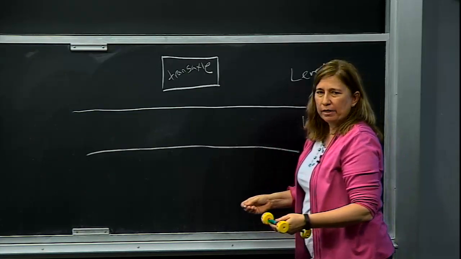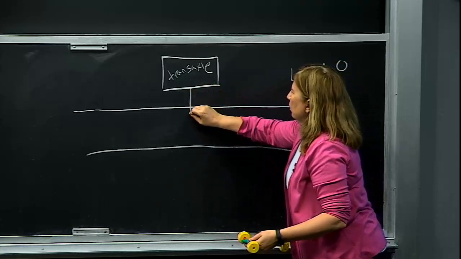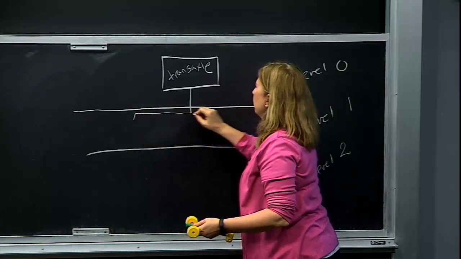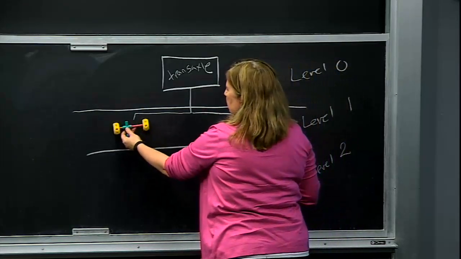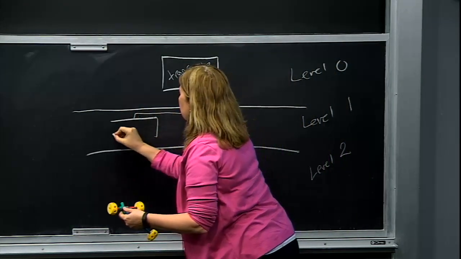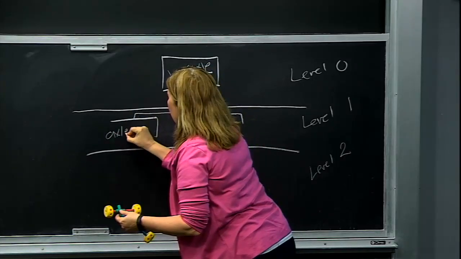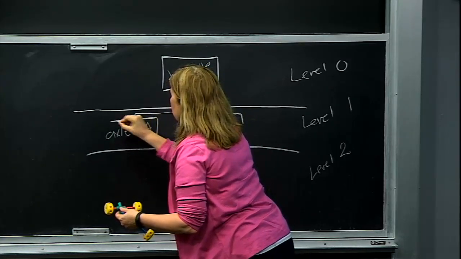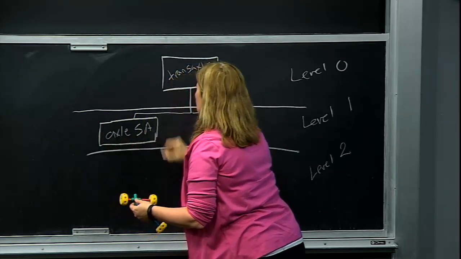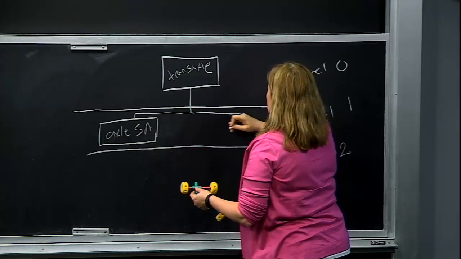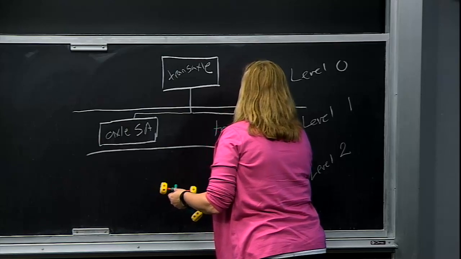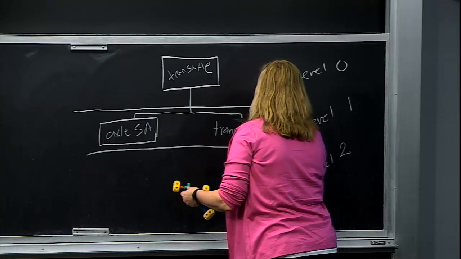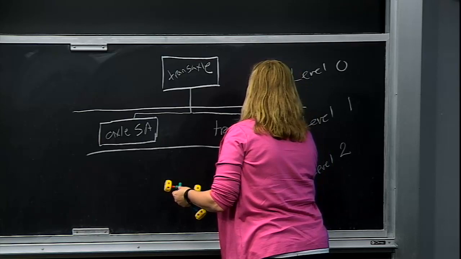How do I represent that fact? I go down to the next level and I draw two branches. One of them represents that half, the axle. I'm just going to write SA for subassembly. And one of them represents the transmission. Let me write the word first and then box it in. Subassembly.